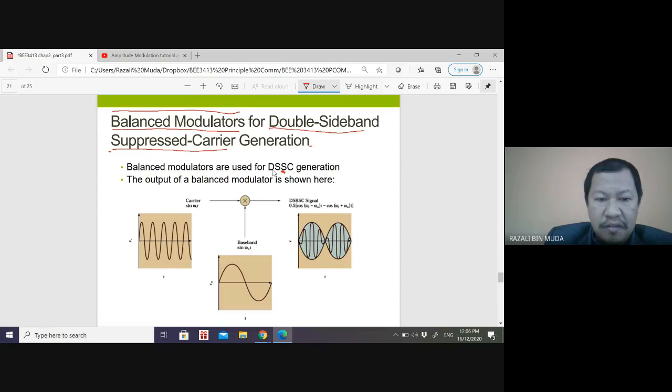So here you have a sine wave and the baseband. This is the carrier FC. This is FM. So the output of the balanced modulator is shown: double sideband suppressed carrier.